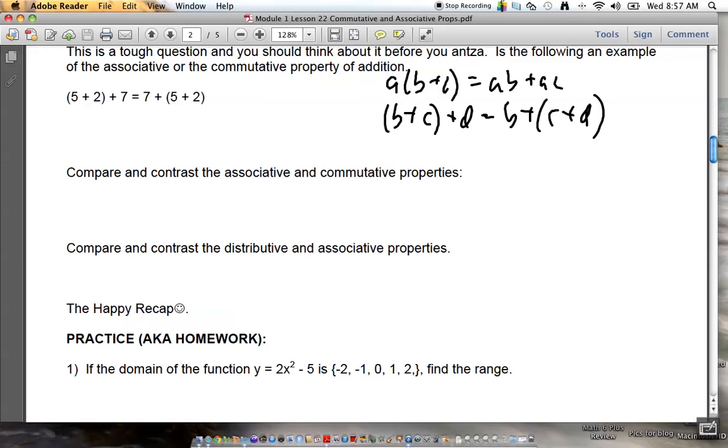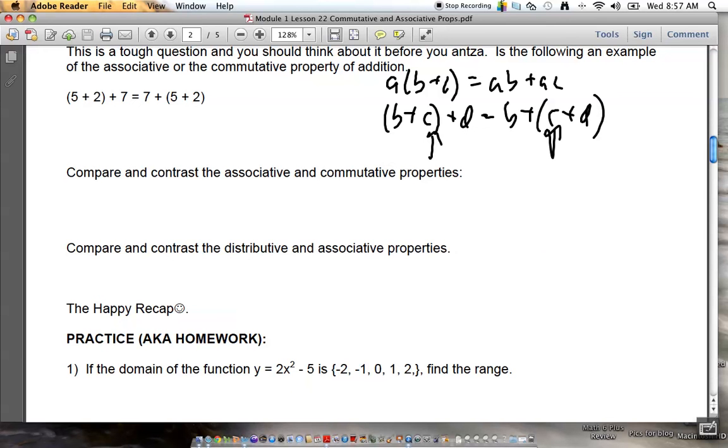That's what kids think. The problem is it's not true. Because this is a situation where I have two parentheses and it's commutative. So don't say to yourself, if I see two parentheses and I change the places, that it's automatically associative. You have to see what's inside the parentheses. Here, the C is with the B. Here, the C is with the D. That's associative. Here, the 2 is with the 5, and the 5 and the 2. It's the same thing. What's changed is the 7 was in the back, and now the 7's in the front.